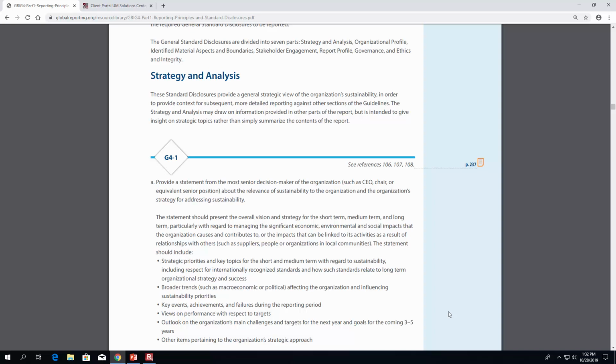I can't offer you any real rules for how you're going to see that, but I feel like most of us have a feel when we're being talked blah, blah, blah to versus somebody really trying to present a full picture of the strategy and analysis. Are you sort of with me? Okay, let's go back to the table and look at the second general standard disclosure, and then we'll come back here and see if we can find it. So now we're going to go back to our table.